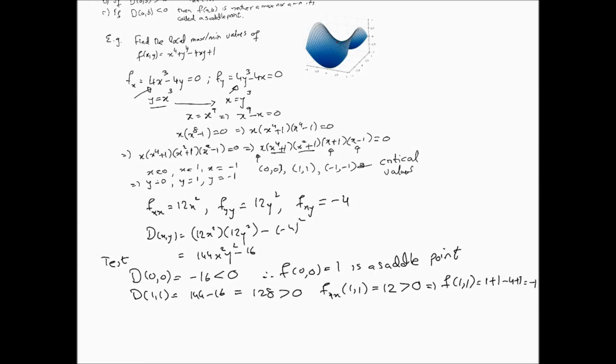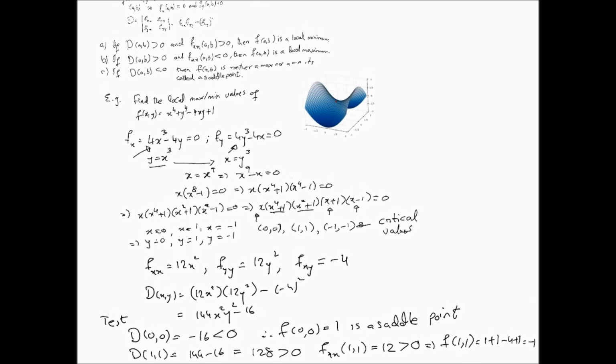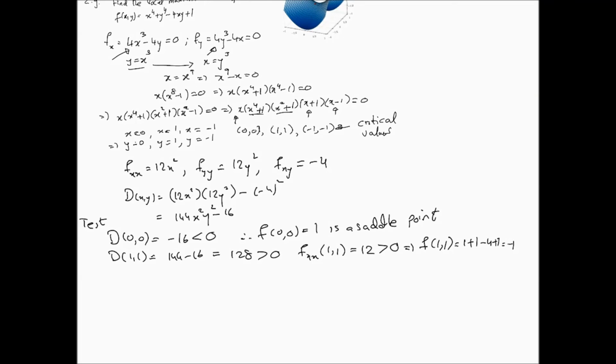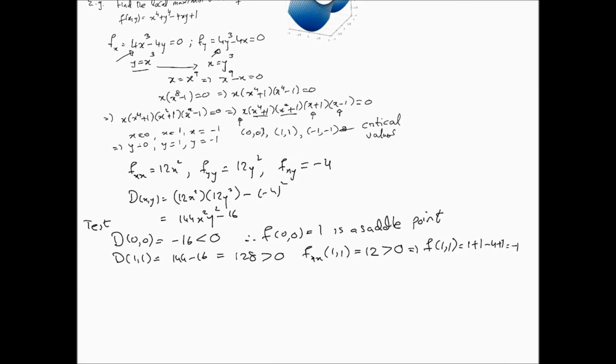So let's just have a quick look again at our criteria. There's our criteria. There you can see that we have D of (1, 1) is greater than 0, and fxx is greater than 0. So fxx is greater than 0 means it is a local minimum. So this means that our point here is, therefore, a local minimum.